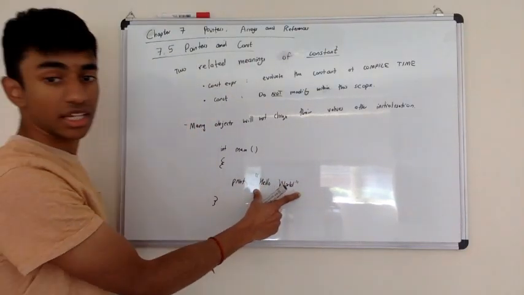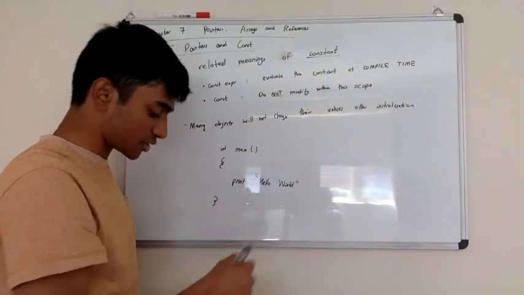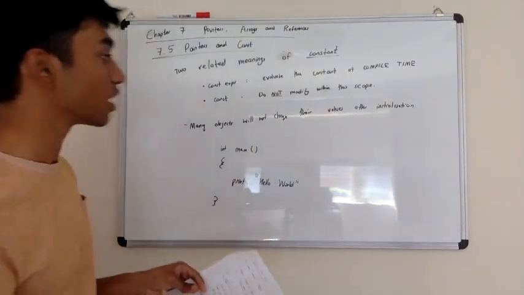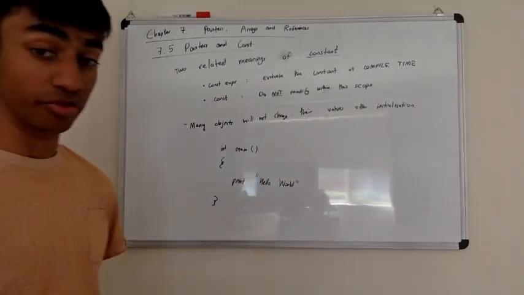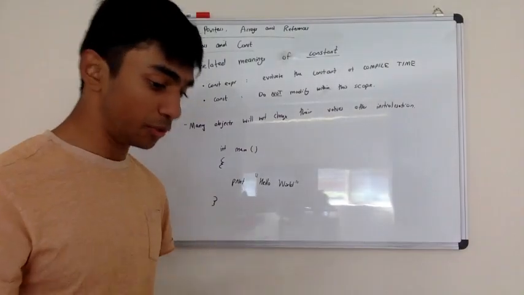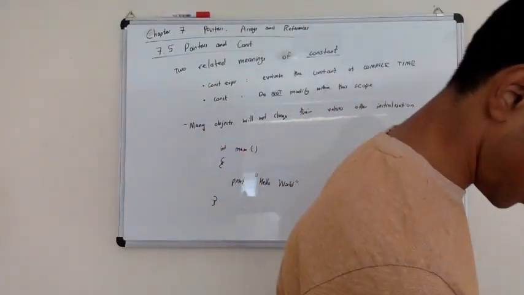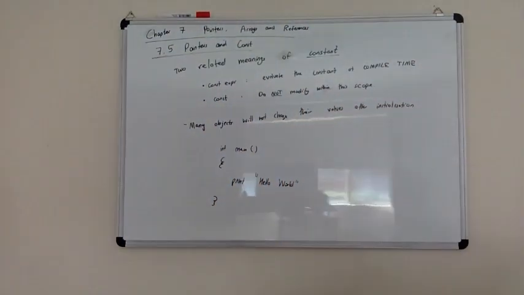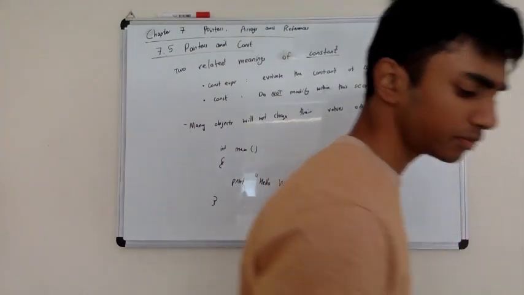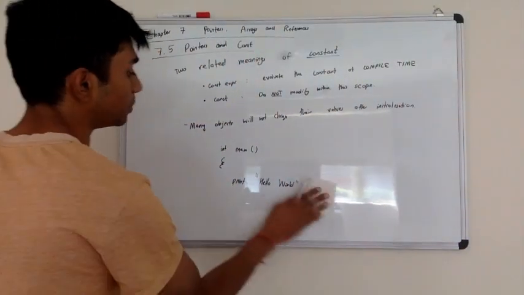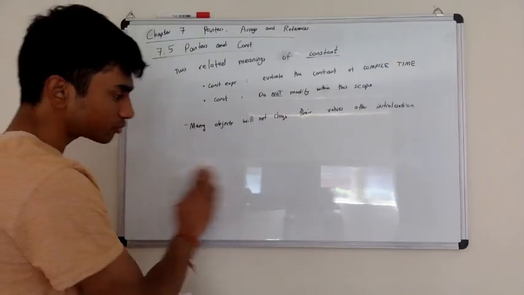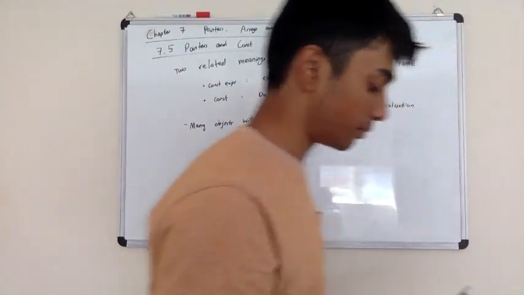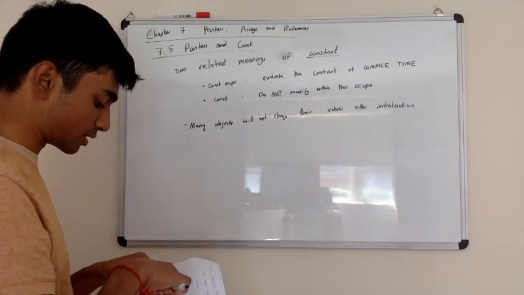That string isn't getting modified at all, and there are a lot of instances where things like strings and other objects don't get modified. So it's quite helpful to label them as const because they shouldn't be modified anyway. So if you have some kind of variable that you're not planning on ever changing, declaring it with the keyword const at the front is a good practice.